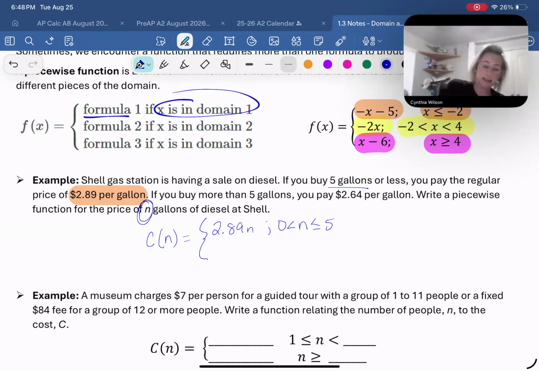And then I see this one, $2.64 per gallon. So that's going to be our next little piece. When does that occur? When are you going to pay 2.64?